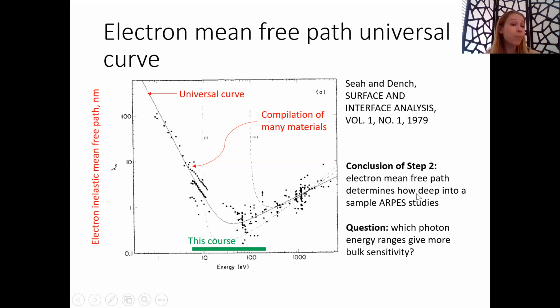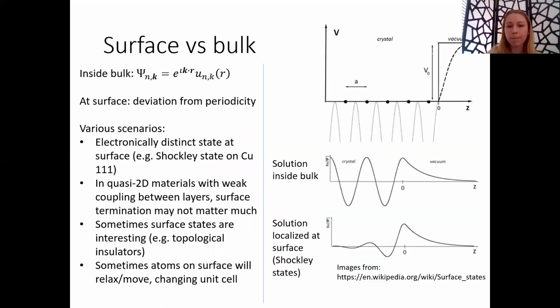If we want to get more bulk sensitivity, we can go to lower photon energy, which becomes problematic because you are limited by the work function of the system you're using. Or you can go to higher photon energy. So hard X-ray ARPES is a more bulk sensitive version of the technique. There are trade-offs, however, in terms of energy and momentum resolution.